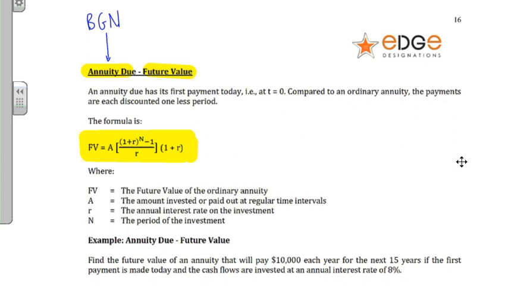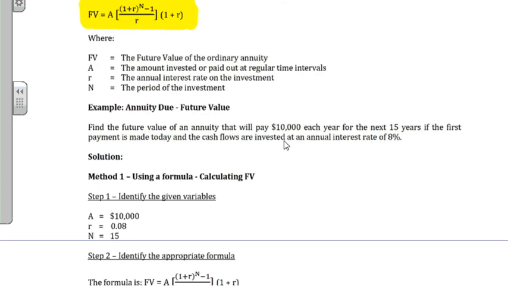You need to make sure that on your PMT button, you go second function, and you see on top of the PMT button that it says BGN. In other words, you need to set your calculator so that it recognizes that you're doing it at the beginning of the period.